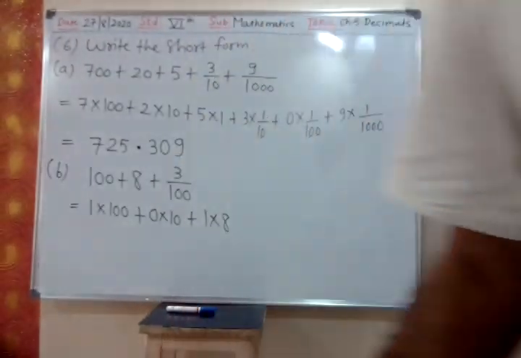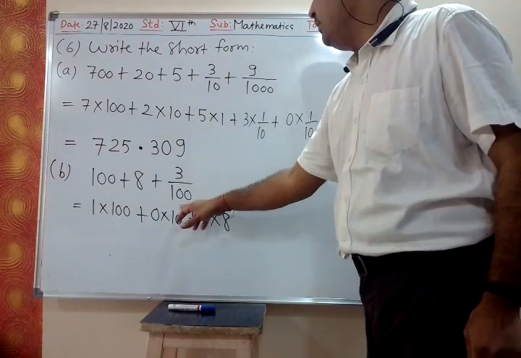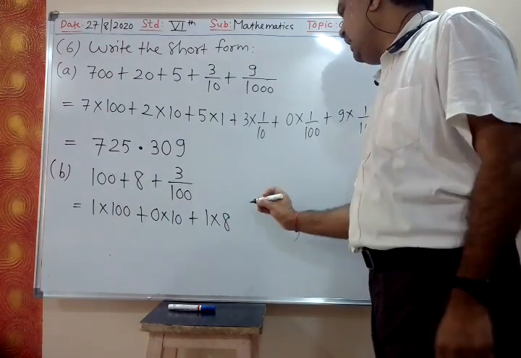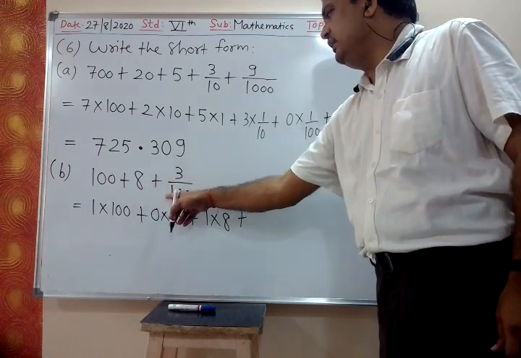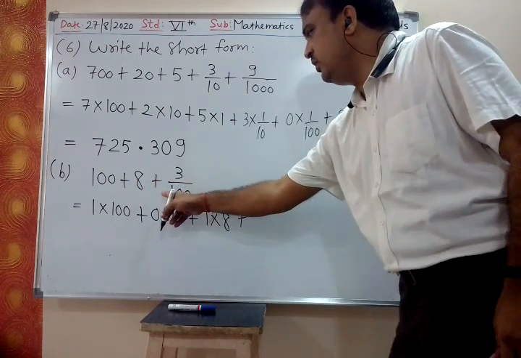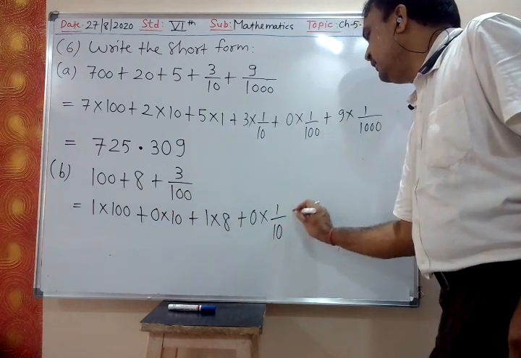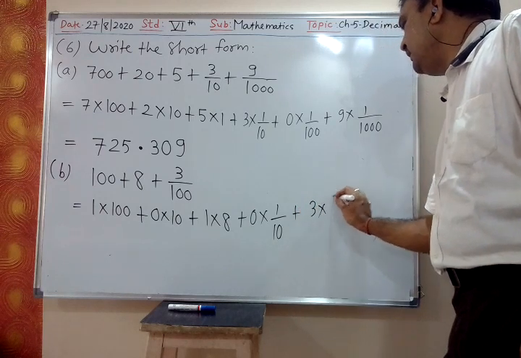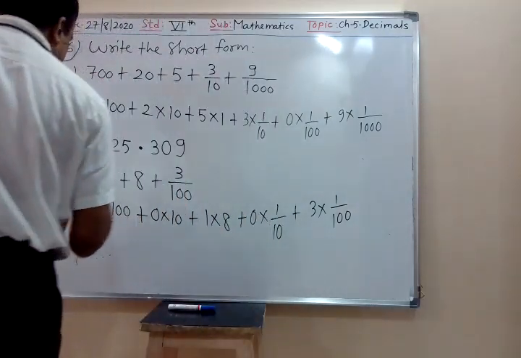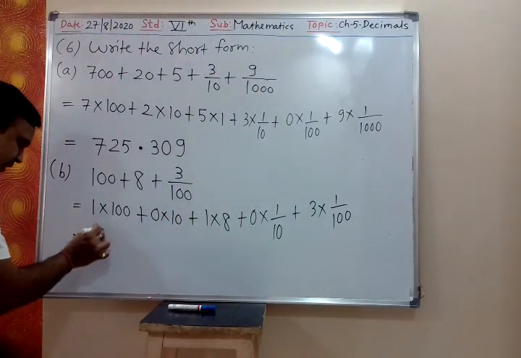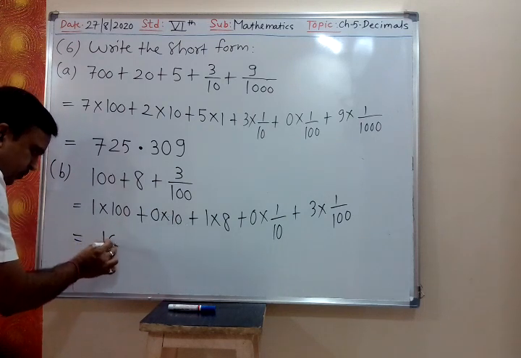Now after 8, it is directly 1 upon 100. So I want 1 upon 10, then 1 upon 100. But 1 upon 10 is not there, so I will write 0 into 1 upon 10, plus 3 into 1 upon 100. So the position of 1 is hundreds, 1. Then the tens position is 0.